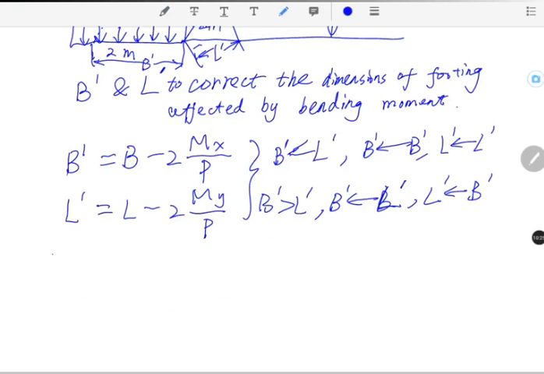Then we can proceed to equation 10.1 to solve for the ultimate bearing capacity, Qu.